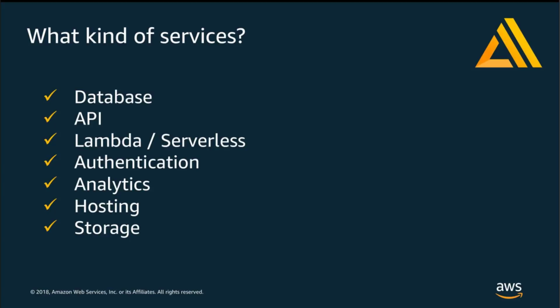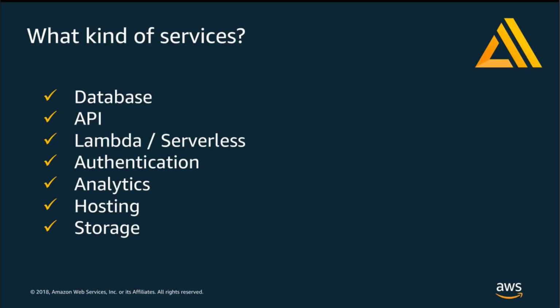So what kind of services can you build and interact with using Amplify? Well, these are the ones that we have right now. You have the opportunity to work with the database. You can do a lot of different stuff, but first class, you can work with DynamoDB, but you can also do things through some of the other services that access different RDS and Elasticsearch and SQL type of databases.